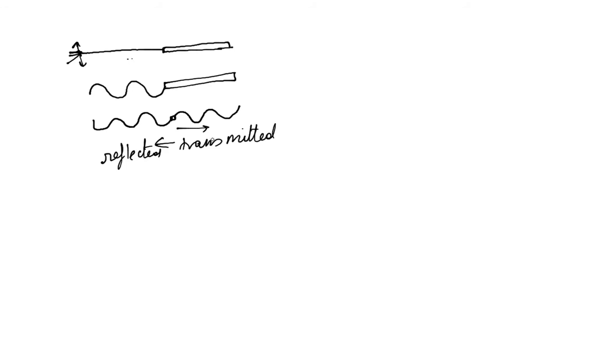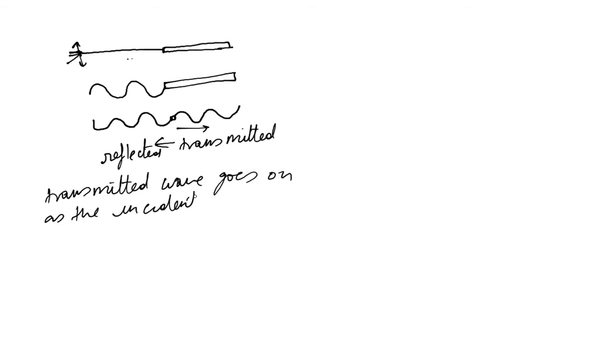Just to notice, you see the transmitted wave goes on like that, so the transmitted wave goes on as the incident wave. This was the incident wave, and the wave which has transmitted just keeps going on as the incident wave might have gone.